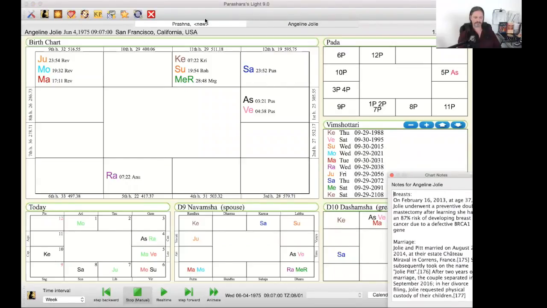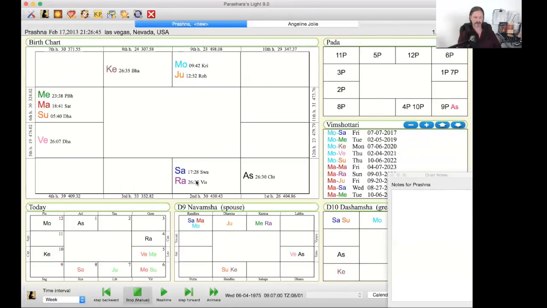But especially this transit of Saturn and Rahu going through her 8th house shows very clearly, going over her 8th house pada is shown with this urgent surgery.